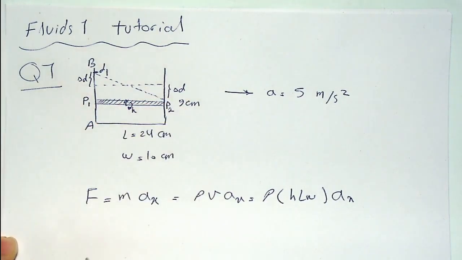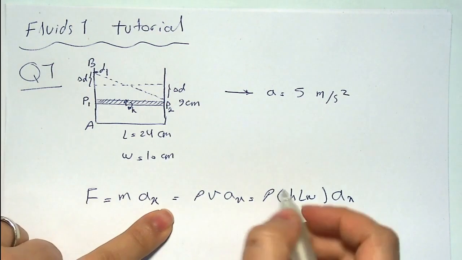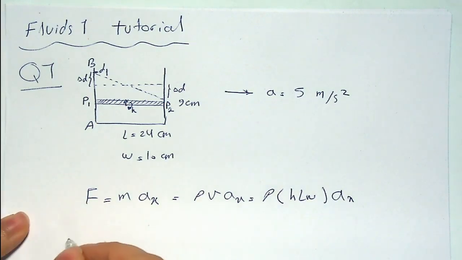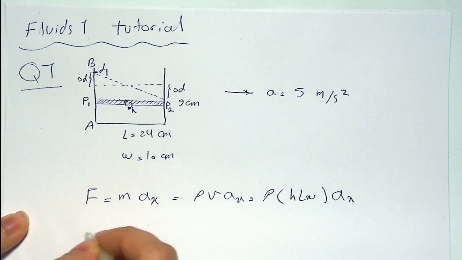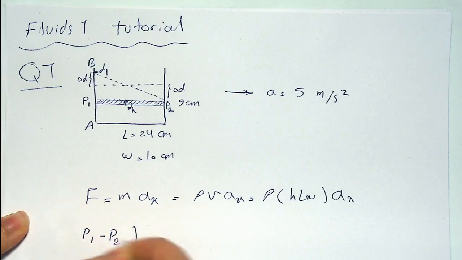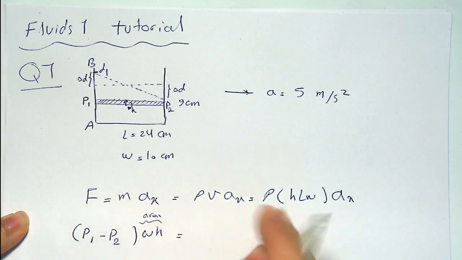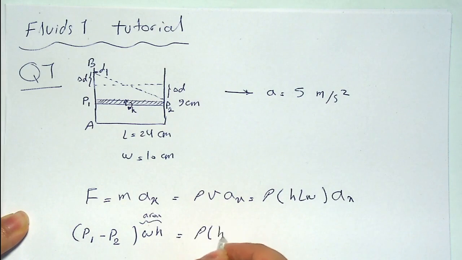Okay? So now let's go to the F side. We know that F for the hydrostatic force is P multiplied by the area. And I can write it as P1 minus P2 multiplied by the area, which is WH, this is the area, is again equal to this side of the equation, rho HLW AX.